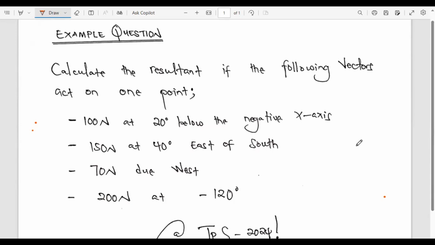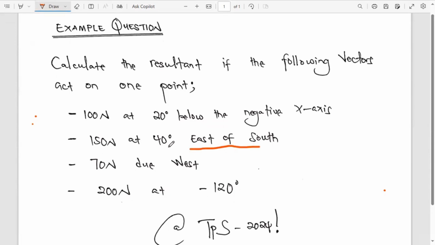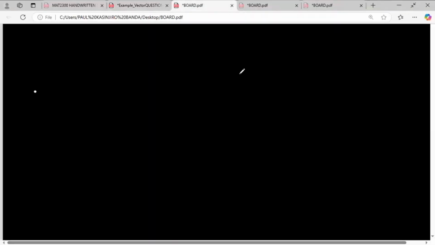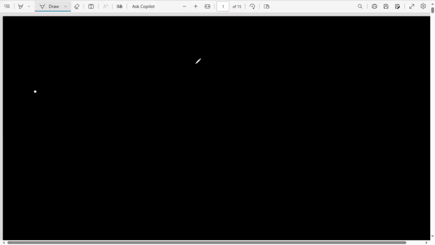If they say 40 degrees east of south, what do they mean? Or they say a 200 Newton at minus 120 degrees, what do they mean? We are going to know what those concepts are, and then after we know, we're going to solve this question. So let's go to my board, where I'll be explaining those concepts.